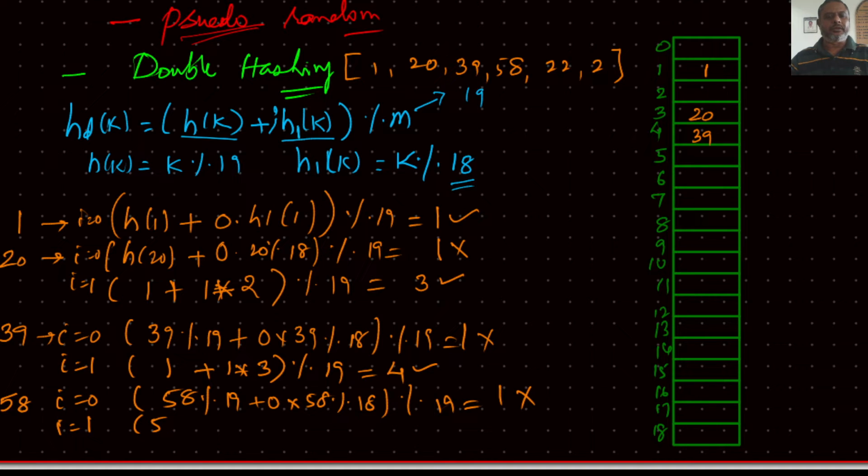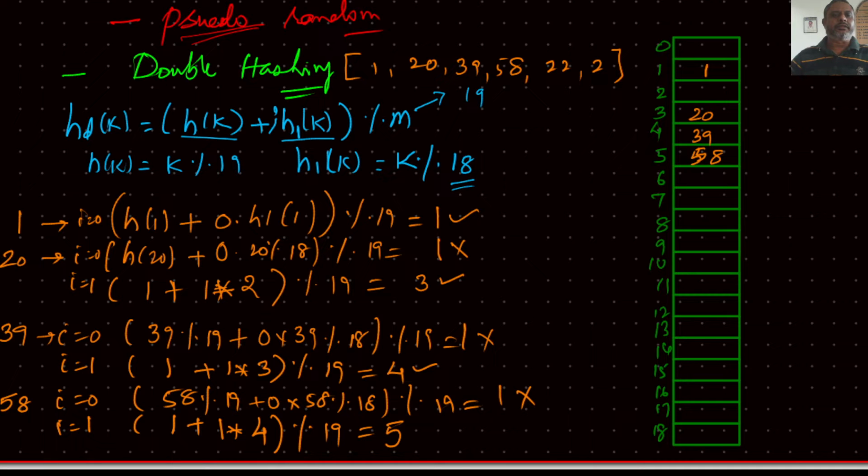That's going to be 1 anyway, so we can directly write 1 plus 1 times 58 mod 18. So what is 58 mod 18? 36 plus 18 is 54. So we are left with 4, mod 19. So that makes 5. Fifth location is free, so it gets 58 here.